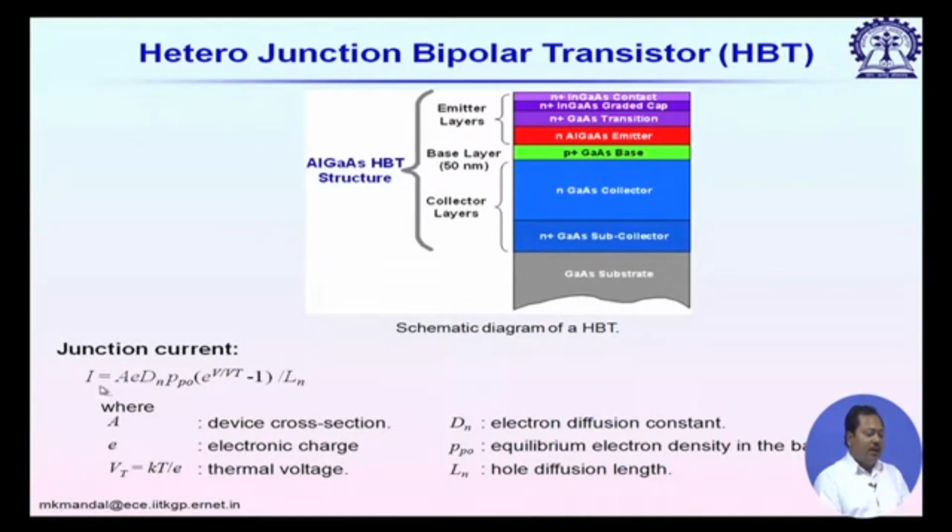So, current increases with the device cross section and with decreasing hole diffusion length.